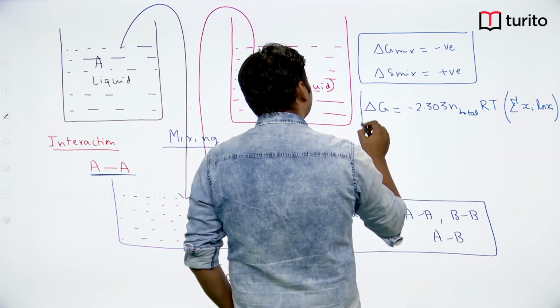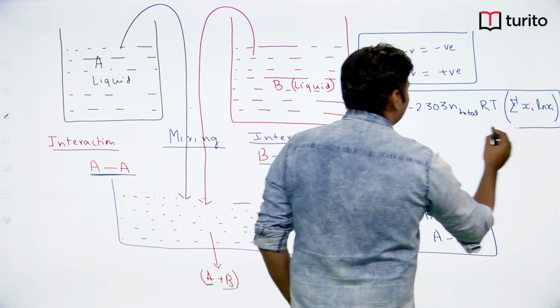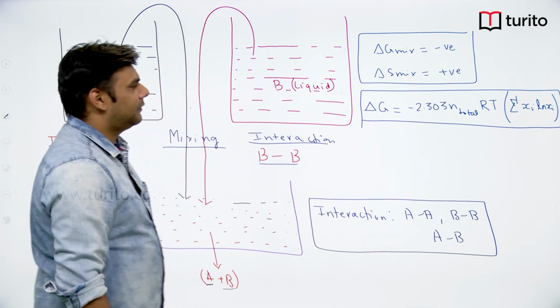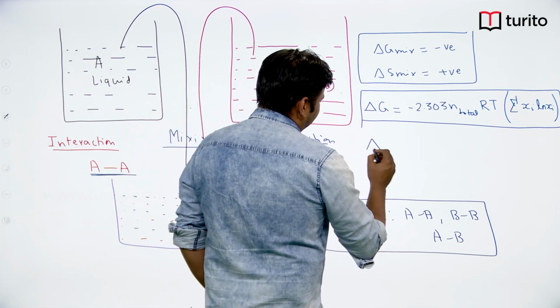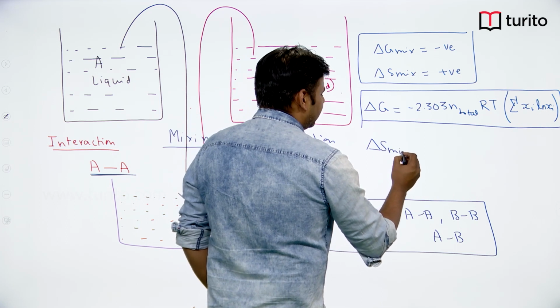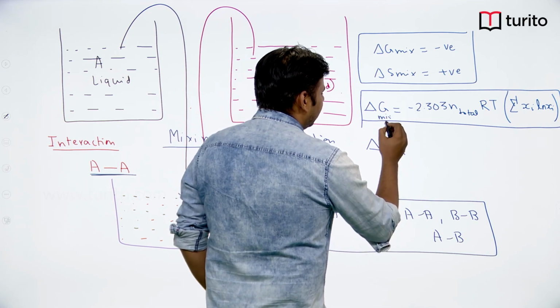How do we derive this? It is basic thermodynamics, so we can derive it, but if you have done it, then it's good. If you have not done it, you can just memorize the formula for the time being.